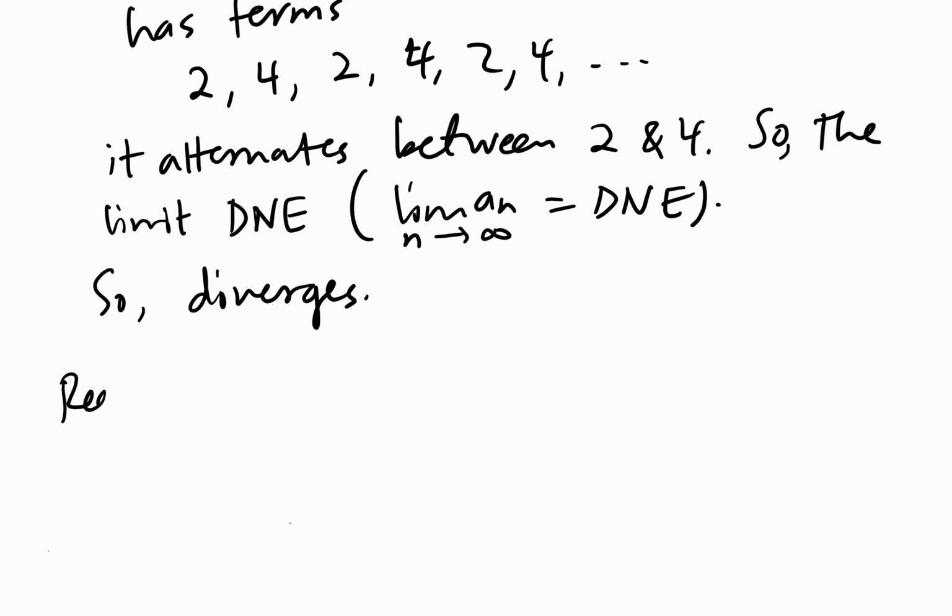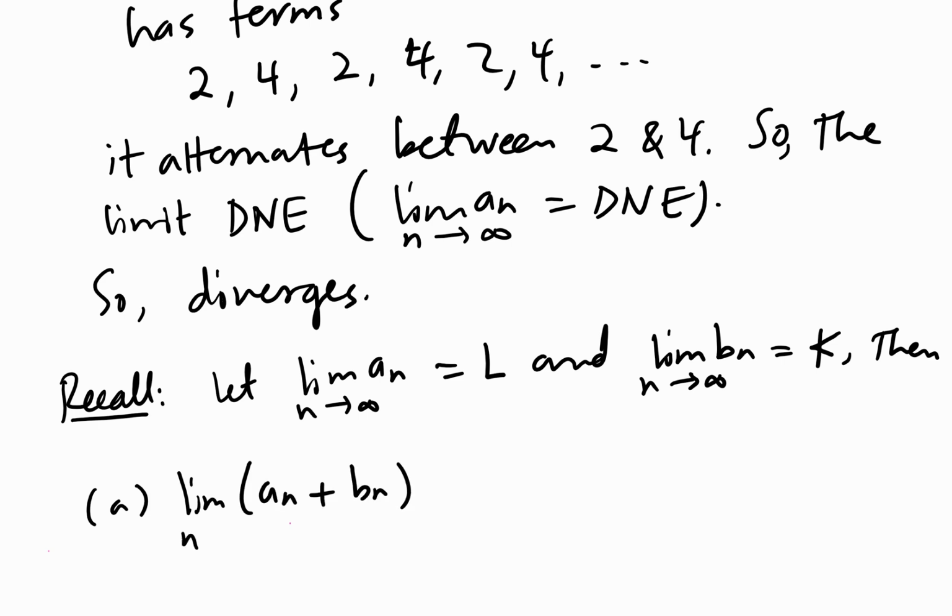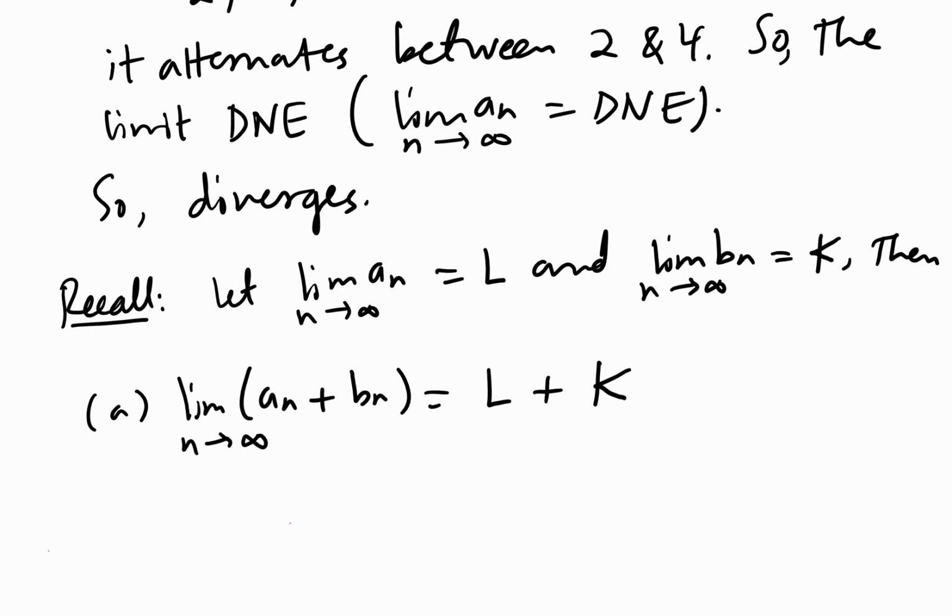Recall some properties from limits that we're going to be using here. Let the limit of a sub n as n approaches infinity be L, and the limit of b sub n as n approaches infinity be k. First, the limit of a sub n plus b sub n as n approaches infinity is L plus k.